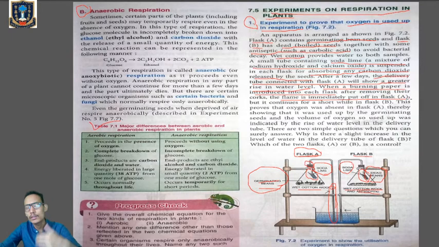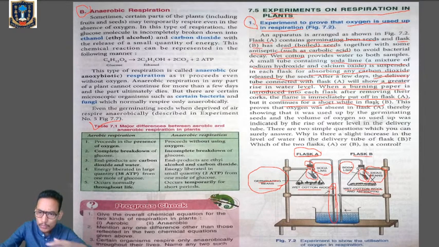It will not burn in flask A. As soon as we introduce the burning paper in flask A, it will be put off. But in flask B, it will continue to burn for a short while. Clear? So in flask B, it will burn for a short period of time, but the burning paper in flask A will be put off.